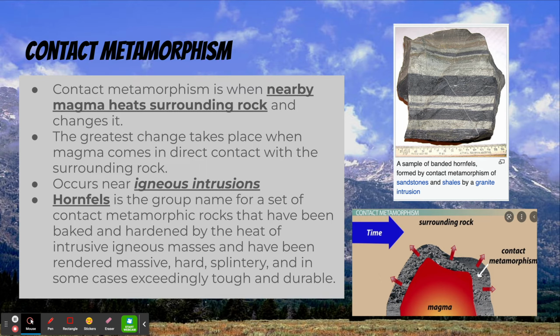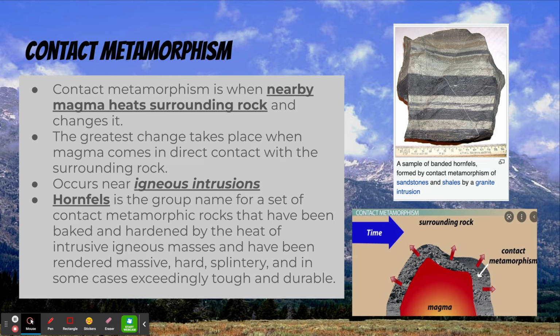So the greatest change takes place when the magma comes in direct contact with the surrounding rock, so if it actually melts the rock around it. It can either heat it, just warm it if it's not directly hitting the rock, so that's indirectly, but the greatest change is if it actually comes in contact with it. All right, so this occurs near igneous intrusions.